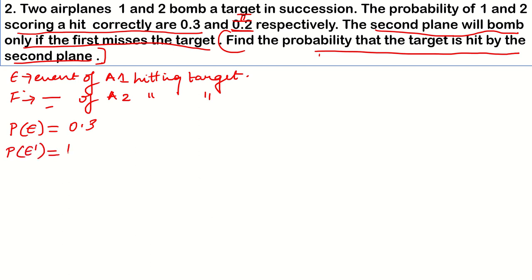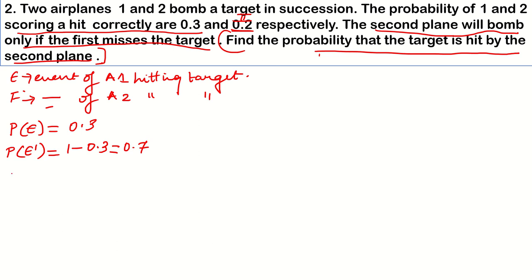Now what is the probability that he misses the target, that is E dash? It will be 1 minus 0.3. The complement of a probability is always 1 minus the probability, which is 0.7. We are also given that the probability of aeroplane 2 hitting the target correctly is 0.2.